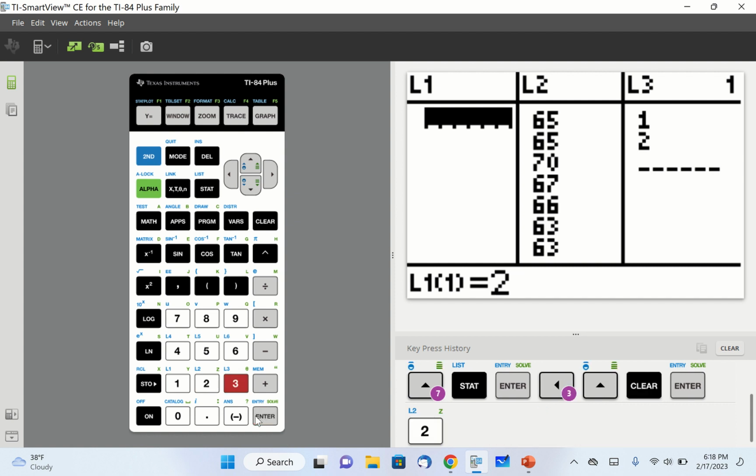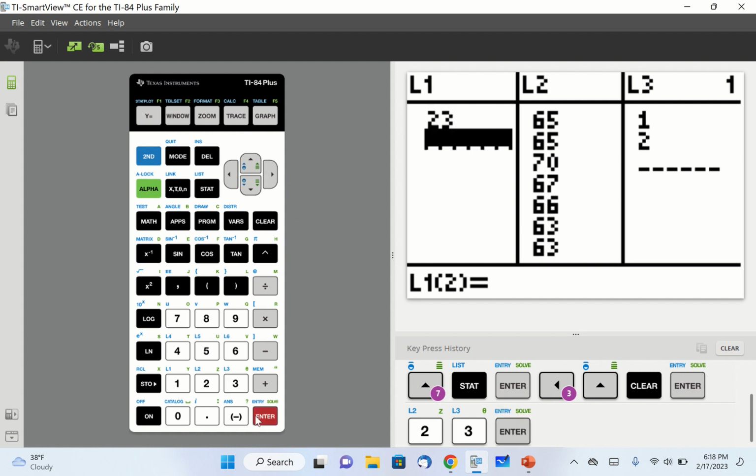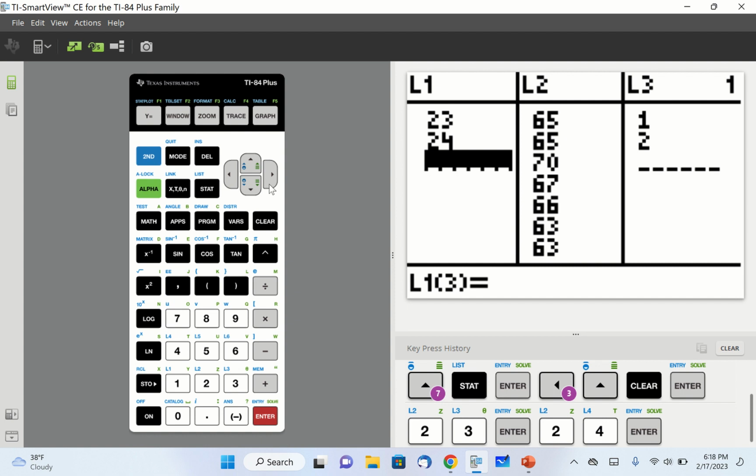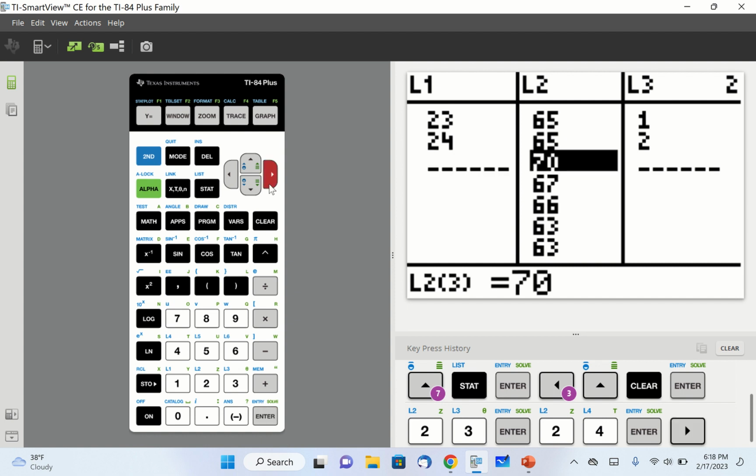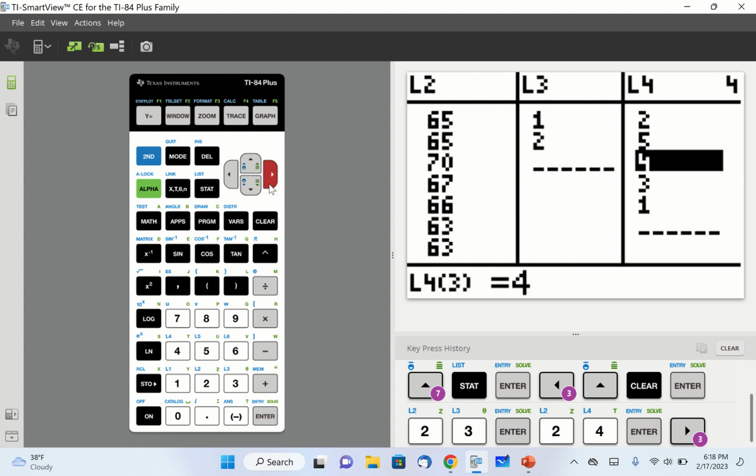So you type in a number, hit enter after each value, and so on. So L1 could have sample 1 data, L2 could have sample 2 data, L3 could have frequency for sample 1, L4 could have frequency for sample 2.